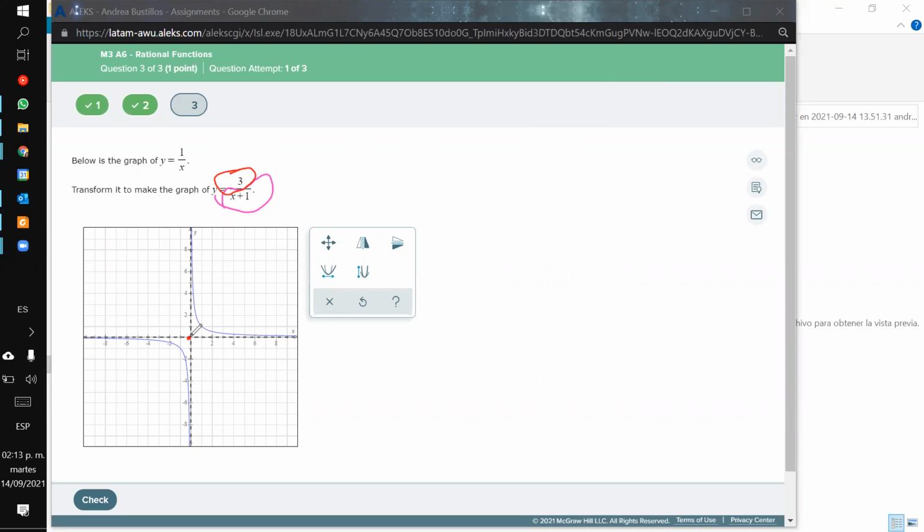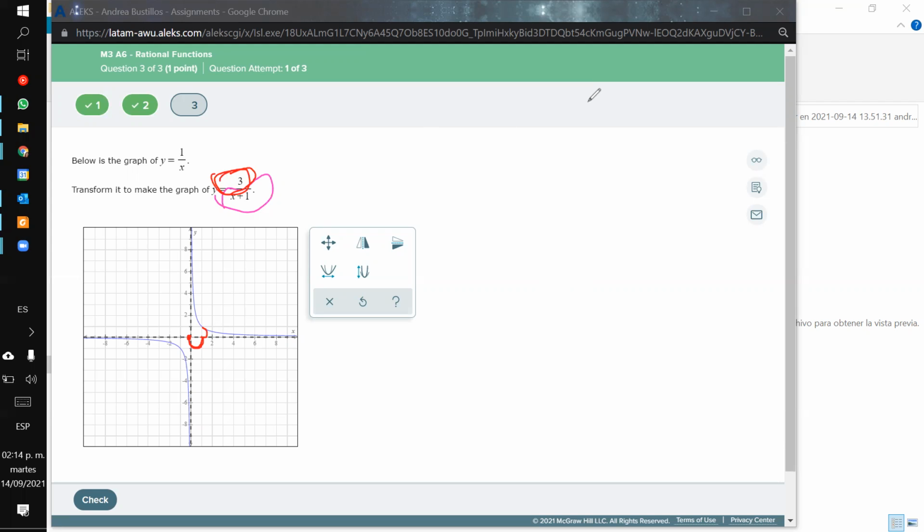So if this is my vertex, let's identify first the pattern of the original function. In this pattern, if I move 1 to the right, how many do I have to move upwards for me to touch the function? Notice that if I move 1 to the right, I have to rise up 1 for me to touch my graph.